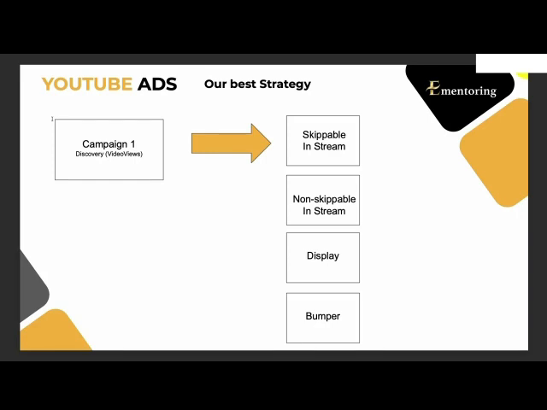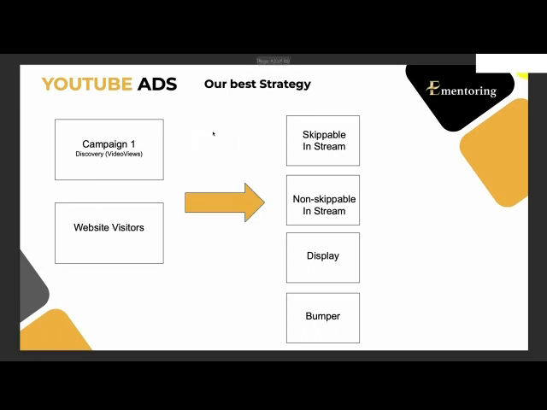So of course, if you're just starting out, you just want to stick with this campaign first to actually generate some hot audiences, and you want to retarget those people, so YouTube video viewers, with your skippable in-stream ad. At the same time, you can split test this setup against targeting cold audiences, which means in-market audiences, keyword audiences directly with your skippable in-stream ad.